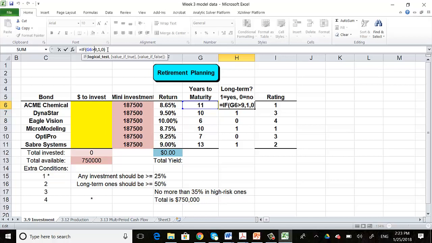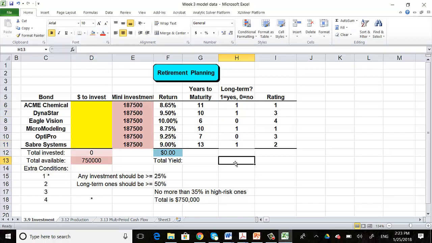Everyone got this part? Okay, now with this, we can do what I wrote on the board. So here is the long term. I can put long term total.